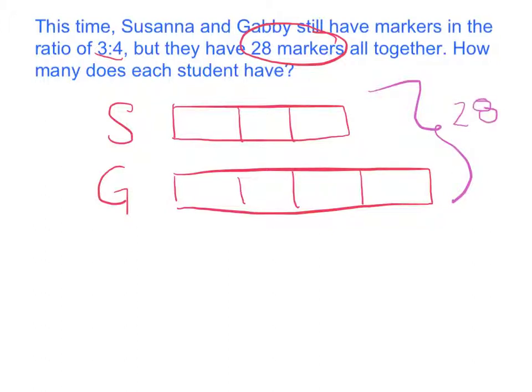So this time I ask myself, okay, I have 28 markers, and this time I have 1, 2, 3, 4, 5, 6, 7 boxes. So 7 groups of something are going to get me to 28. And I know 7 times 4 is 28. So I just fill in all my 4s here. Great.